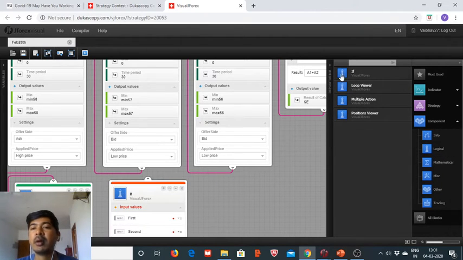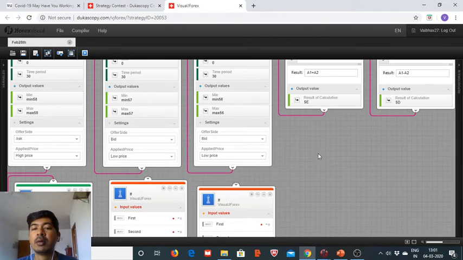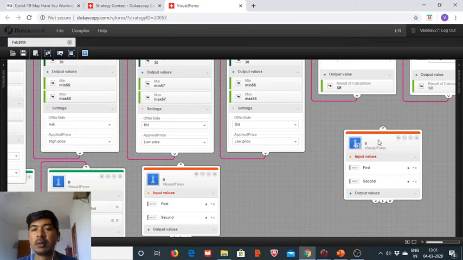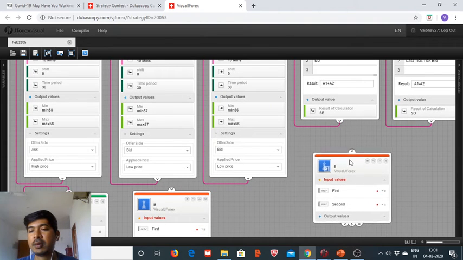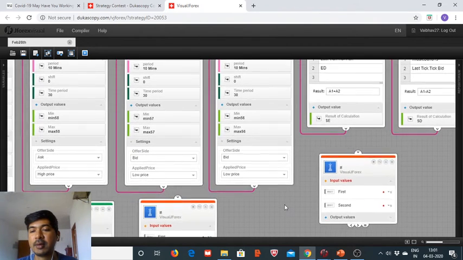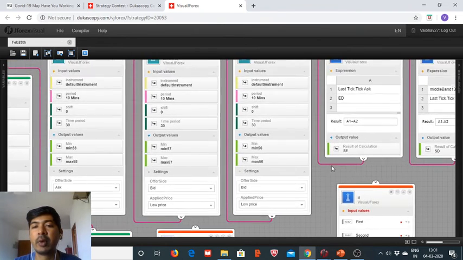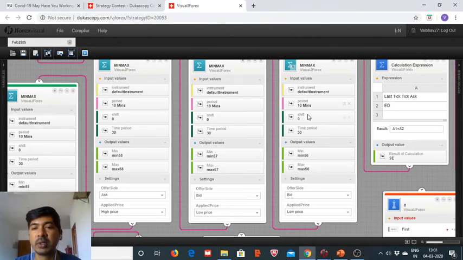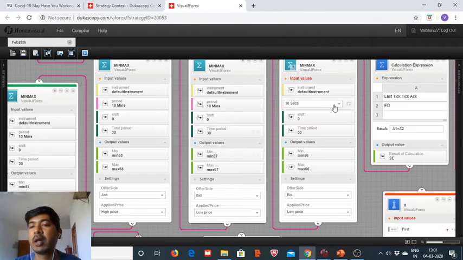Okay, and we also need to define the shift. The shift is 0. Here the time frame needs to be defined as well for 1 hour, 1 hour.